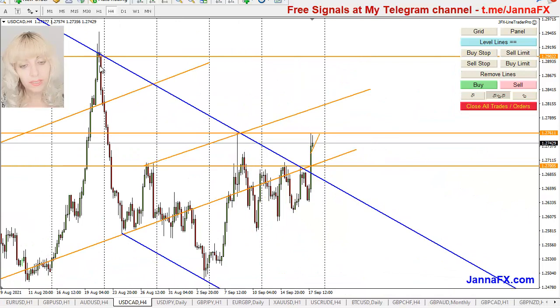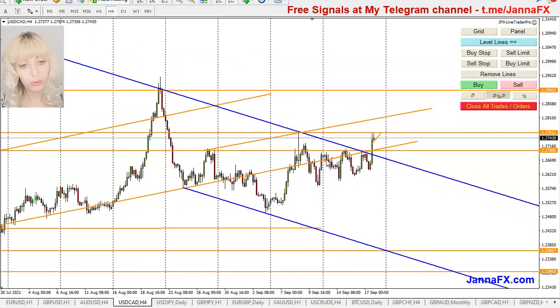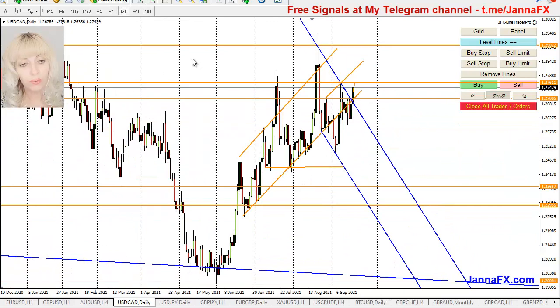Okay, dollar Canadian. We had it right here, and the expectation was also in both directions. I'm still looking at the bigger time frames for a bit of a better correction to give us that big bottom, so that we can turn it around.